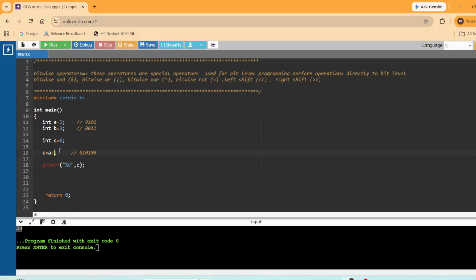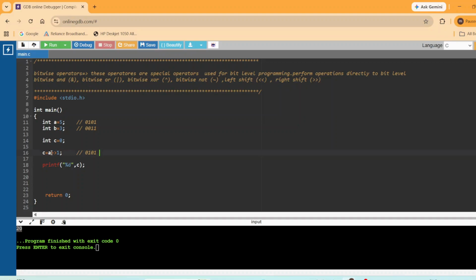Now we can check a right shift 1. So this is the a value 0, 1, 0, 1, right? That is 5.